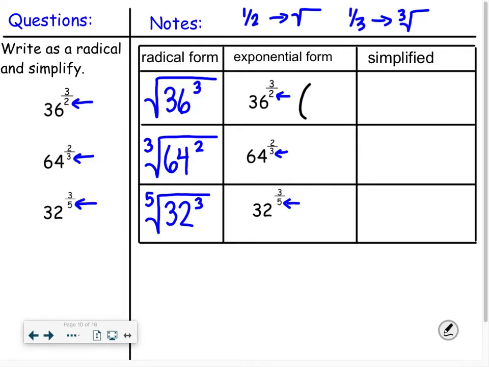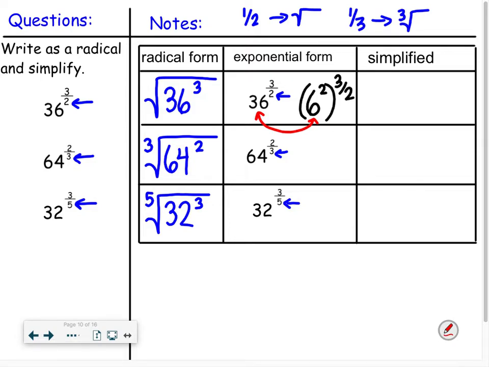So 36 is 6 squared, 6 to the 2nd power. 6 times 6 is 36. So I'm going to keep my fraction, 3/2, like that. So far, hopefully that makes sense, that you can see why it would be equivalent. 36 is the same as 6 squared. Those are equivalent. So that's the only thing I've changed.